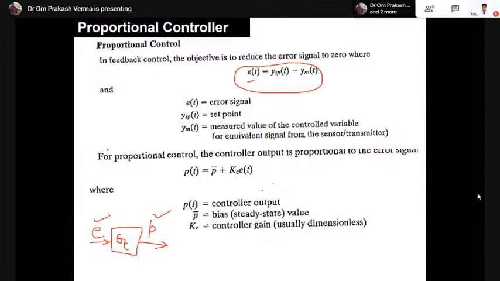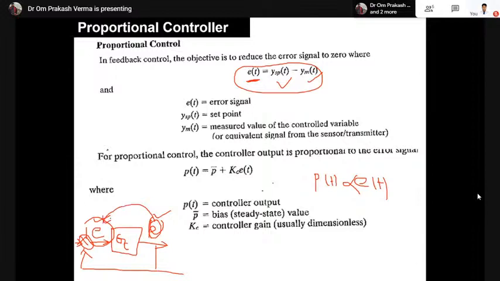Error is the set point minus the measured value, and the controller output is directly proportional to this error. This is the concept of the proportional controller.